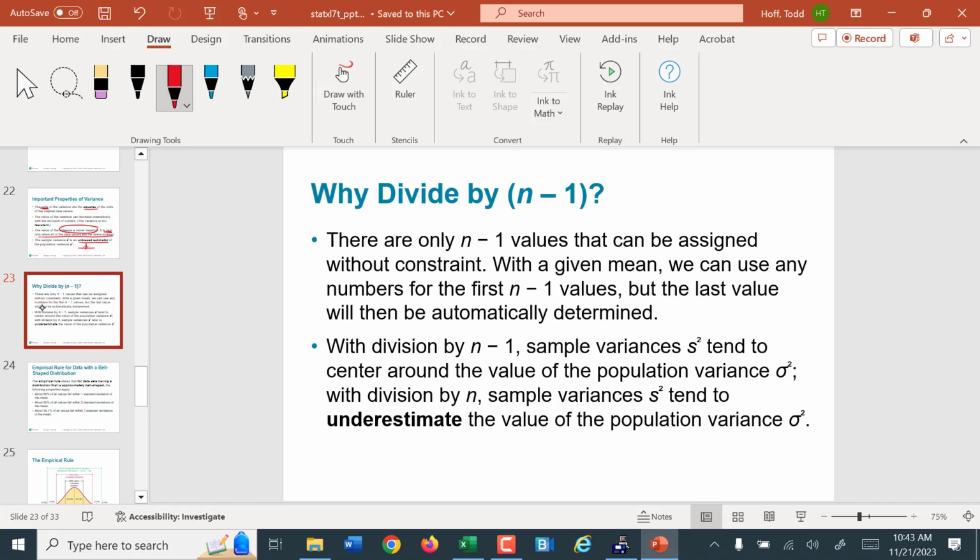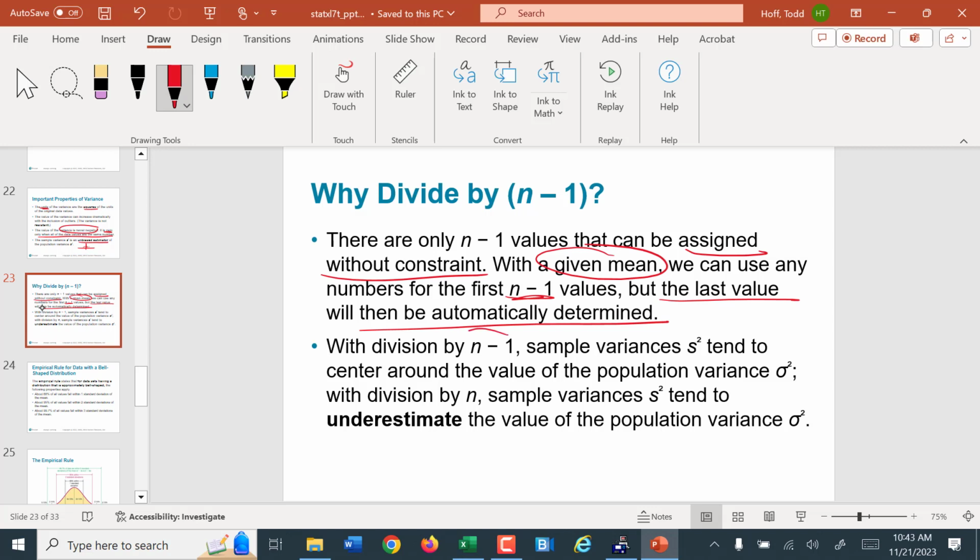So here's that discussion I promised you. Why do we divide by n-1 in the sample standard deviation calculation? It's called degrees of freedom, or assigned without constraint. Once we know the mean, and to calculate the standard deviation we have to know the mean, well, if we know all but one of the numbers, n-1 of them, the last one is automatically determined by the value of the mean and the total of those first n-1 numbers.